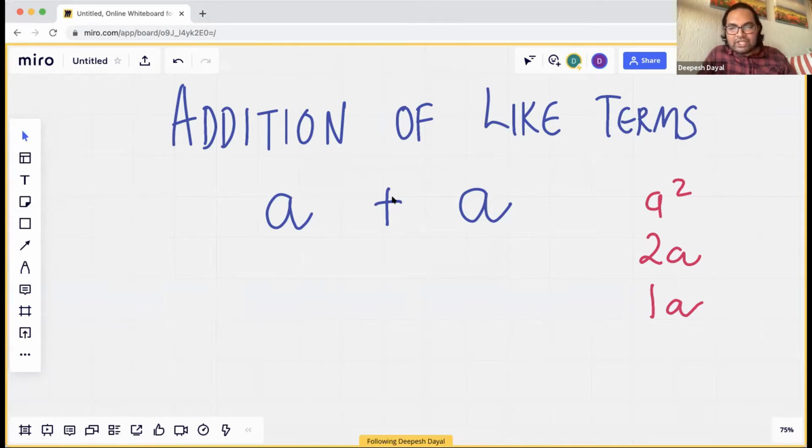Maybe type in the chat and let me know. We've got three different answers here for you to choose from. Dalen says it's A squared. What are others saying? Suzanne says 2A.